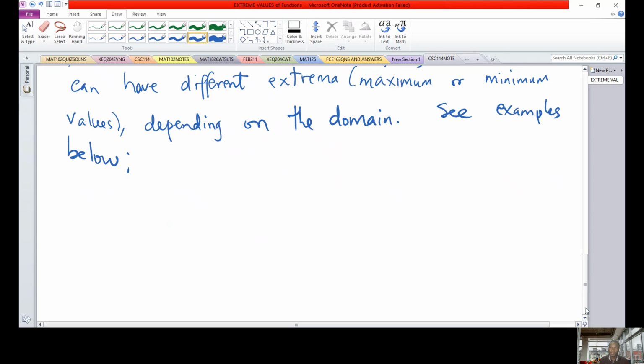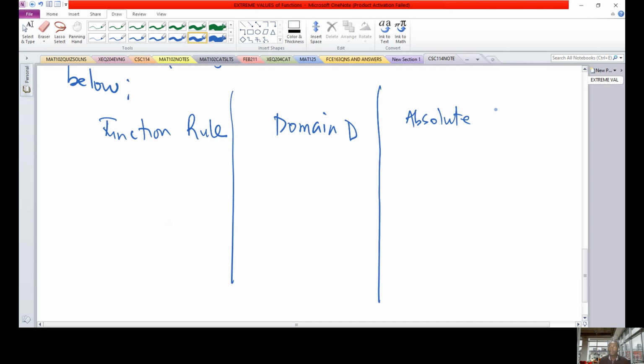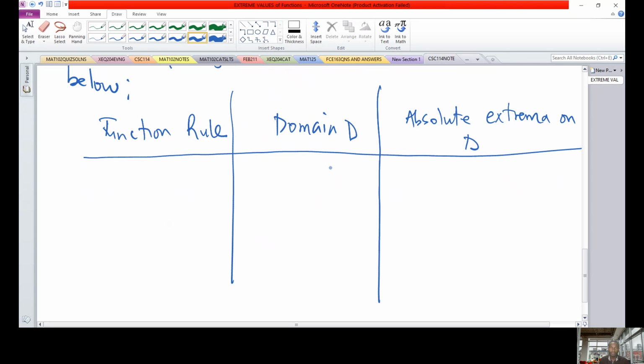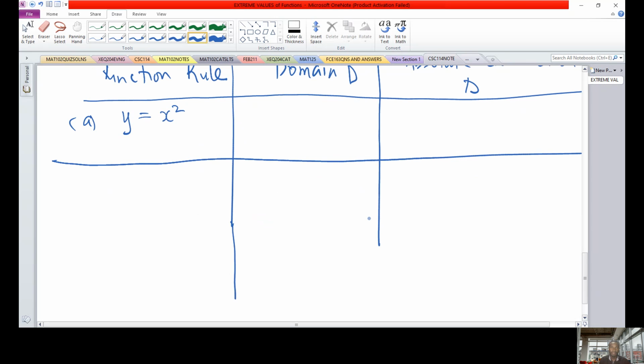So for example, we have a table with function rule, domain D, and absolute extrema on D. The first we want to use is y equals x squared as our function, but then we'll define different domains.